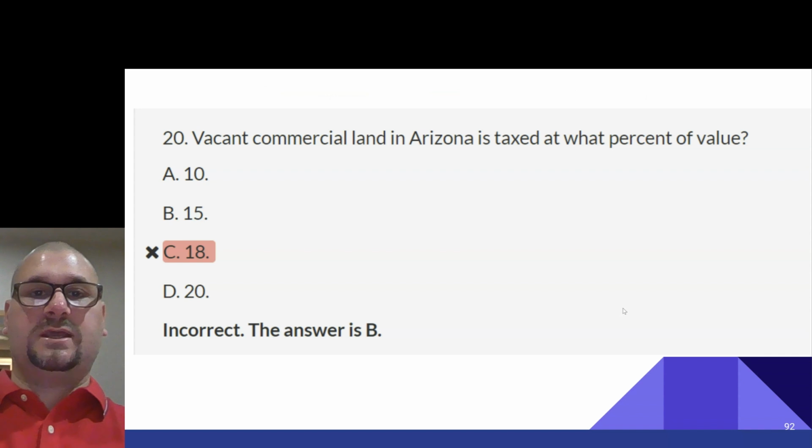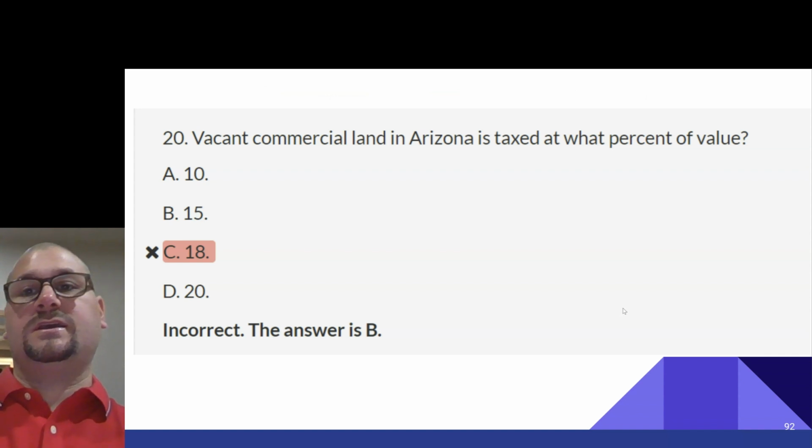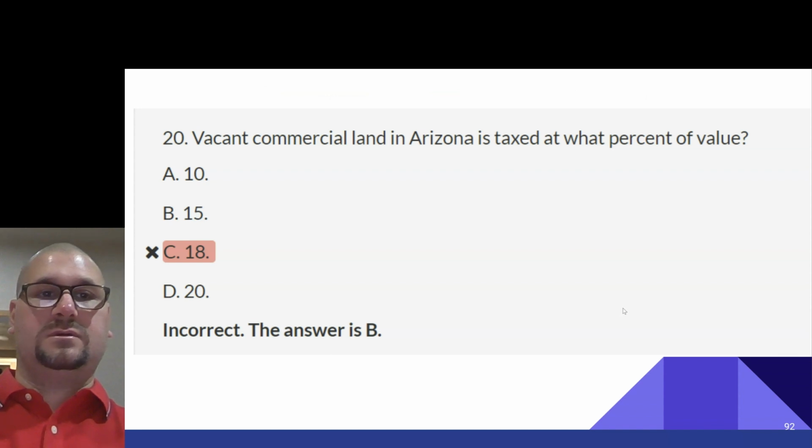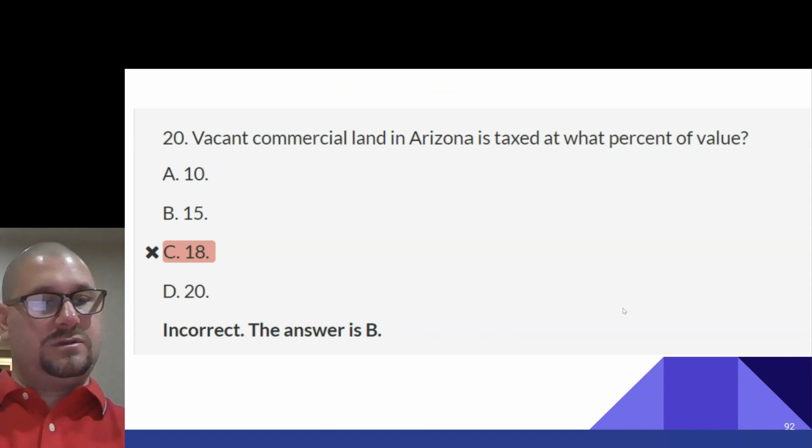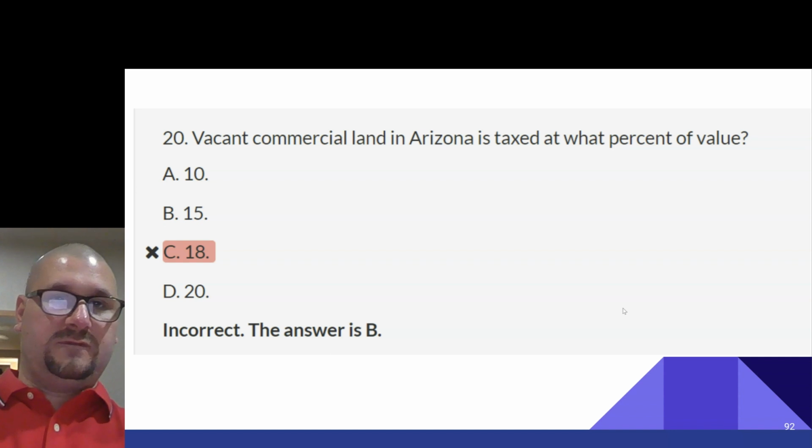Vacant commercial land in Arizona is taxed at what percent of value? 15%. Bravo! Vacant, right?